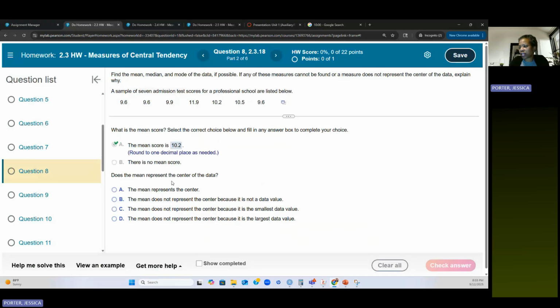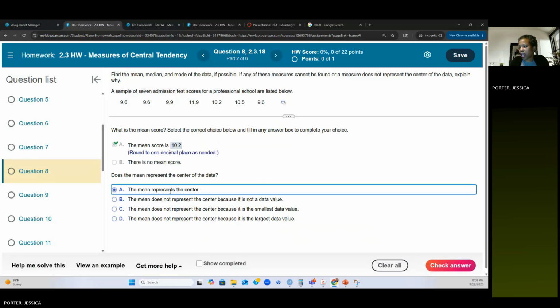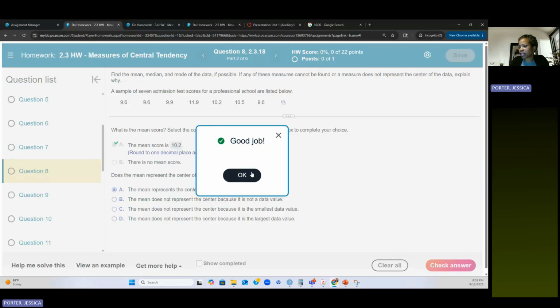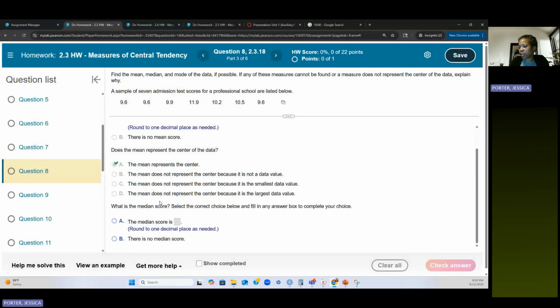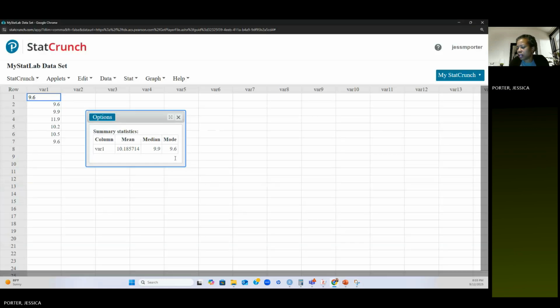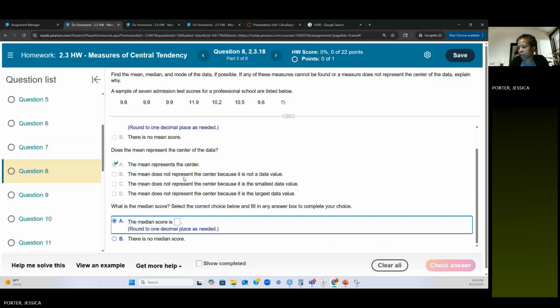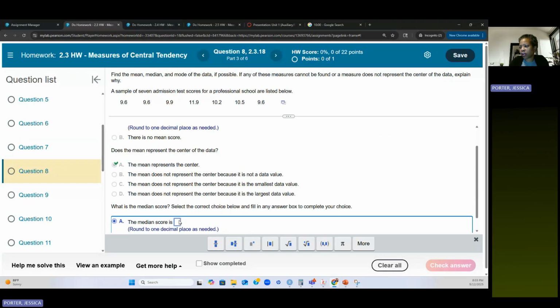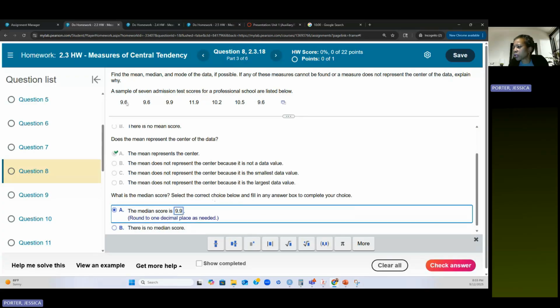Does the mean represent the center? Yeah. Check the answer. What is the median score? What do we get? 9.9. How many data points? There's 1, 2, 3, 4, 5, 6, 7.